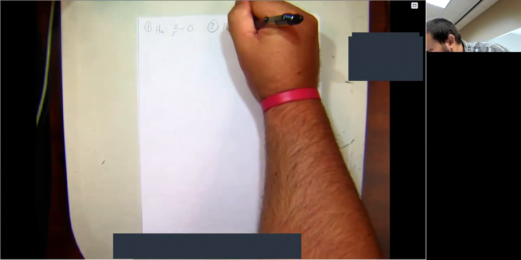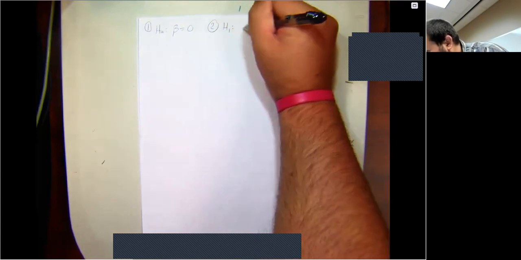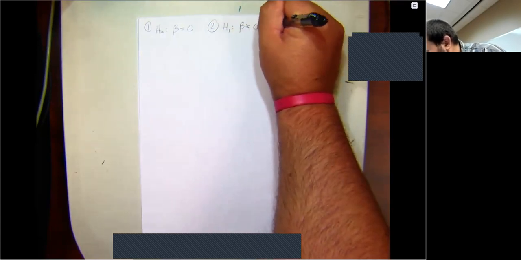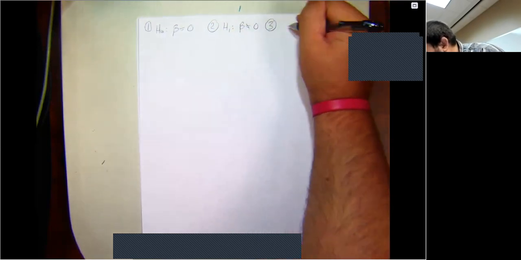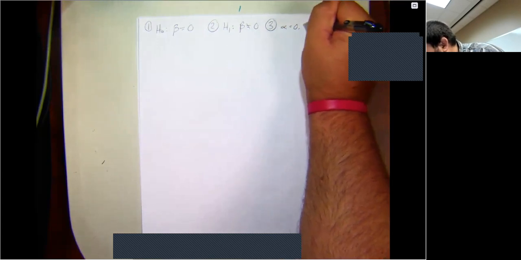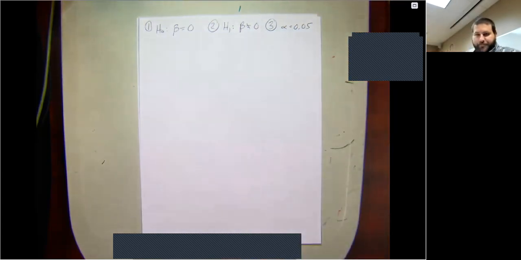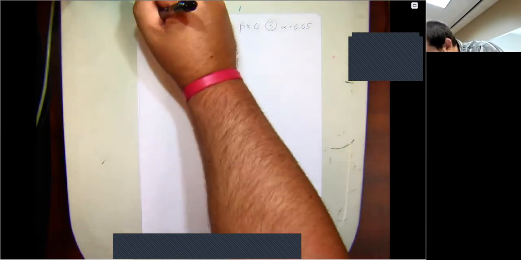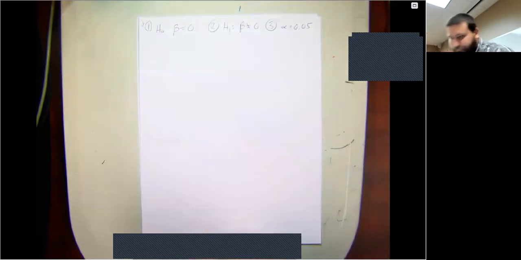Step 2, state the alternative or research hypothesis: H1 is beta not equal to 0. Step 3, state the alpha. Alpha is 0.05. By the way, this is all J up here.